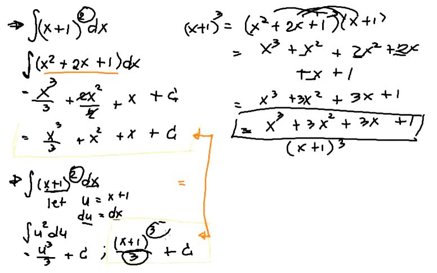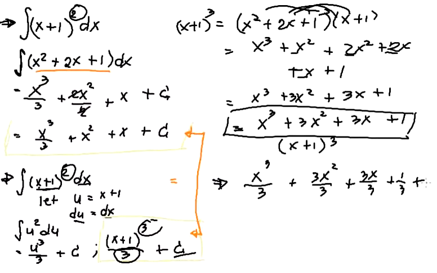But going back to our final answer, it must be all over 3. So we have x³ over 3 plus 3x² all over 3 plus 3x all over 3 plus 1 over 3, then our plus c.